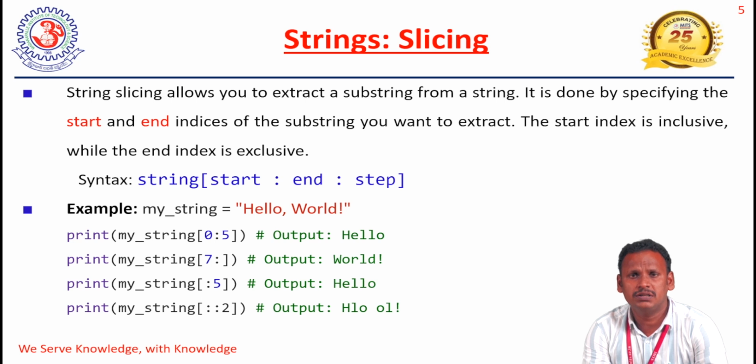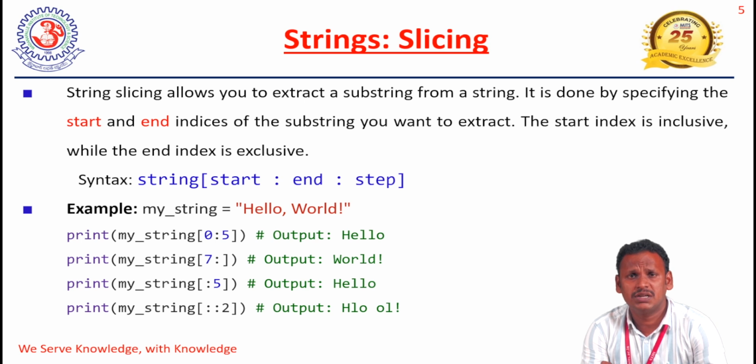That's why the output is world with the exclamation mark. In the third statement, my_string[:5], you are not mentioning the start, only the end. If you don't mention the start index, by default it is 0. From 0 to 4 only it will print, so the output is hello. And in the last print statement, I am not giving the start index and not giving the ending index, only mentioning the step size.